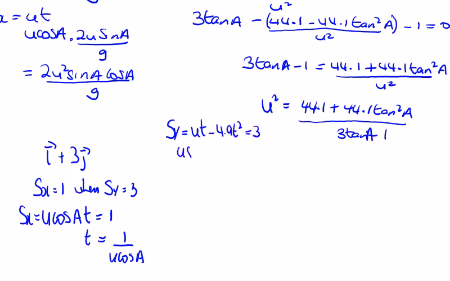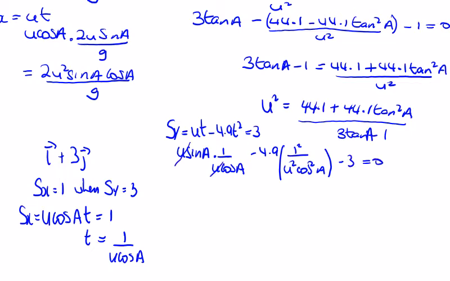We're going to get u sine alpha times time, which is 1 over u cos alpha, minus 4.9 by t squared, which is 1 over u squared cos squared alpha, or 1 squared to see the 1 on top, and then minus 3 equals 0.